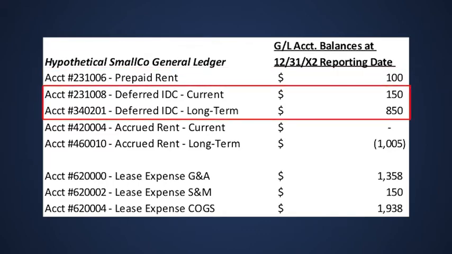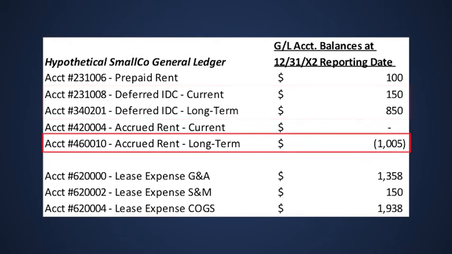Smallco also had $150 in the current portion of deferred initial direct costs and $850 in the long-term portion of initial direct costs. The current portion represents the initial direct costs that will be recognized within the next fiscal period, and the long-term portion represents the remainder of those deferred costs.